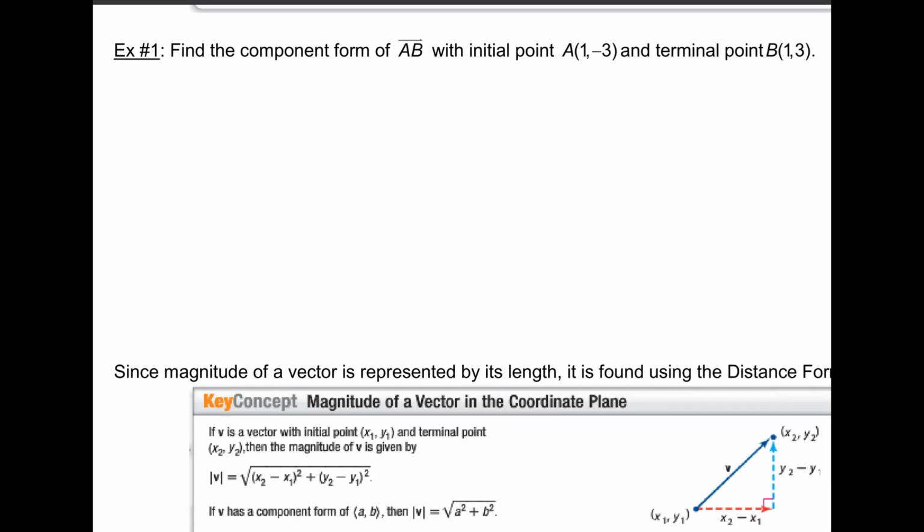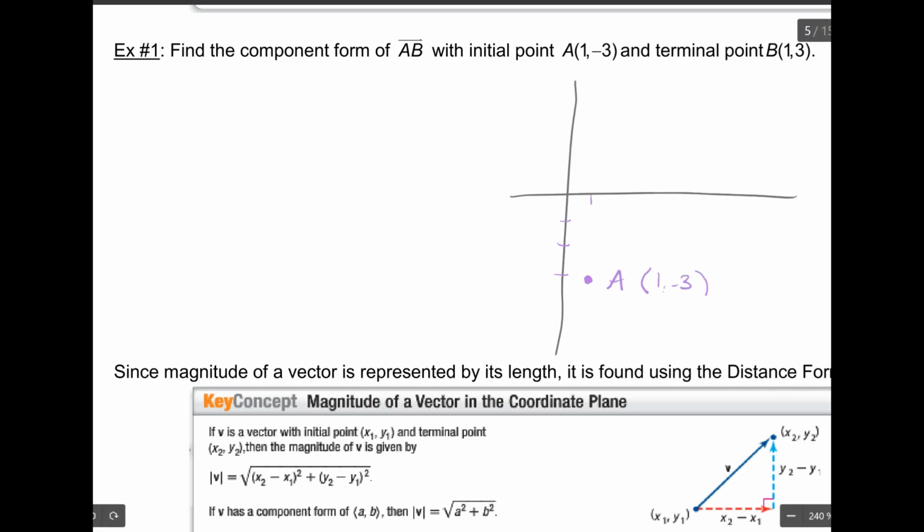I could just do this mathematically, but let's draw the picture and go through it. 1, -3, so that's right here. This is point A. And then I have another point at (1, 3). So here's B. What I'm trying to find is the component form of this vector.